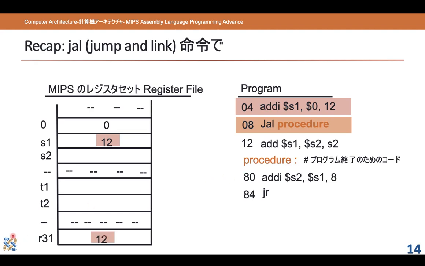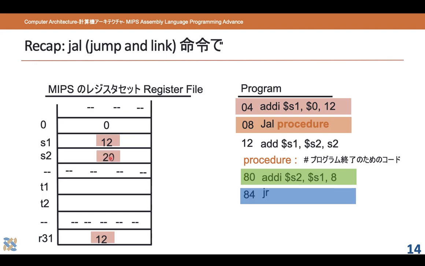So it stores the next address 12 to the register and jumps to, for example, address 80, and here it starts executing this line. It says that the S2 register is S1 plus 8. S1 we have 12, and 12 plus 8 is 20, so S2 here is supposed to be 20, and here it is.